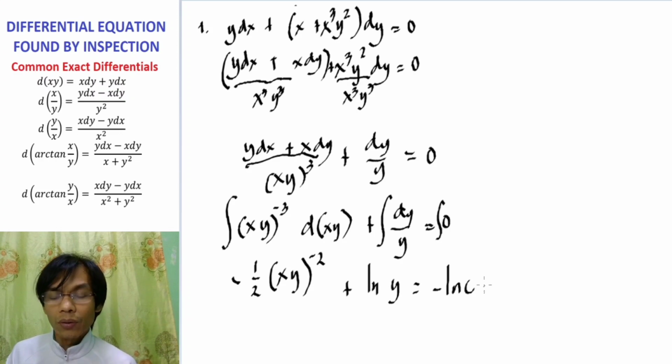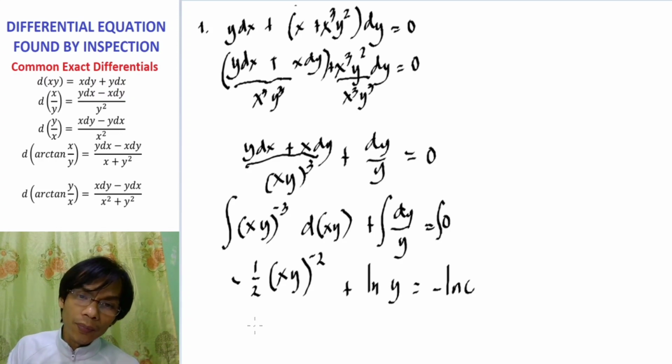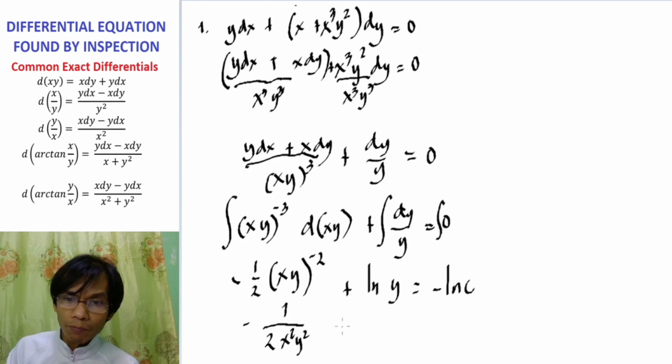Negative ln of c, of course, is still a constant. Now, sorry, that should be negative 1 over 2x squared y squared, okay, plus ln of cy.